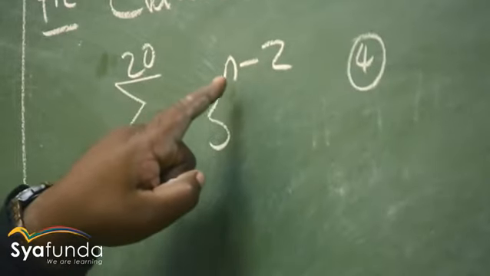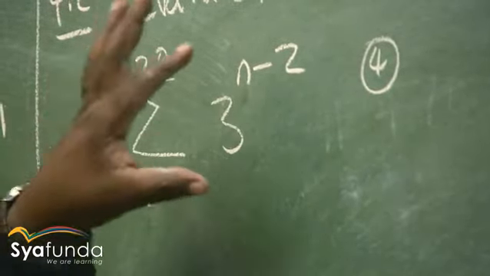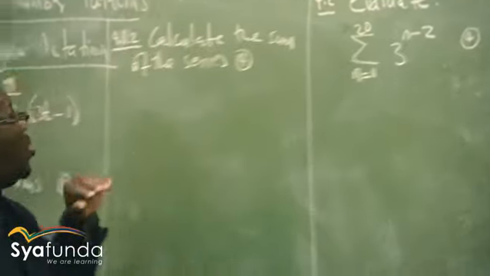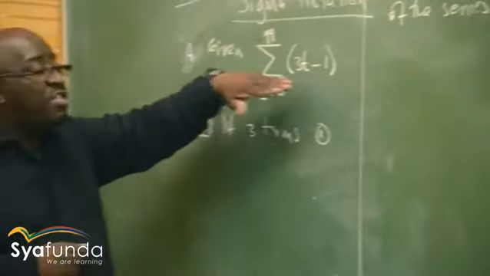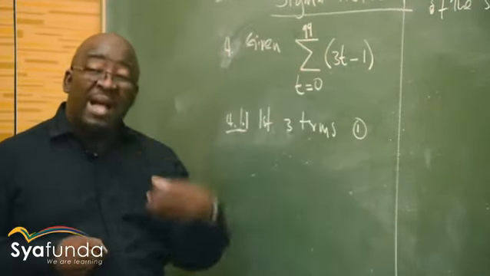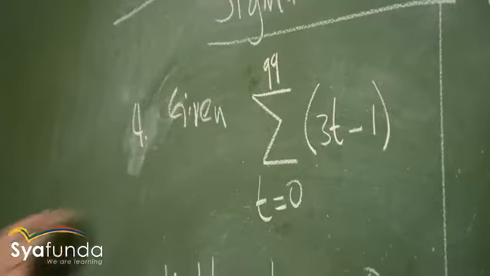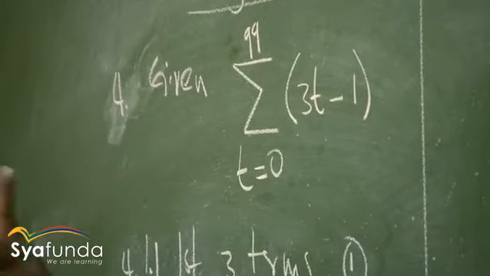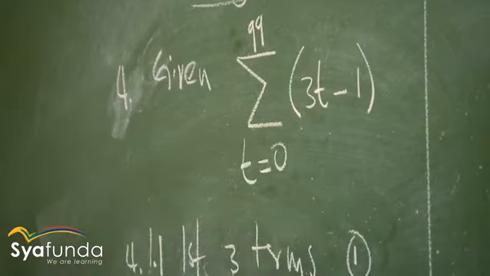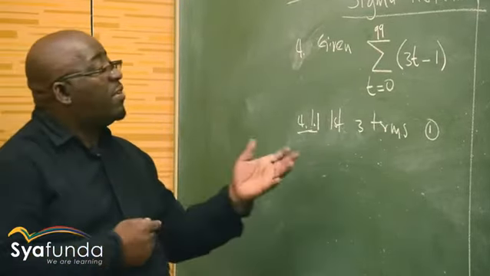Whenever unikezwe i-unknown eyi-exponent, it will always be a geometric sequence. It will be linear, it will be arithmetic sequence. If that T was on top there, bengazi ukuthi bengizosebenzisa i-formula ka-sum kani geometric. But in this particular case, I should know that it is arithmetic, but if it is an exponent, it will be a geometric.